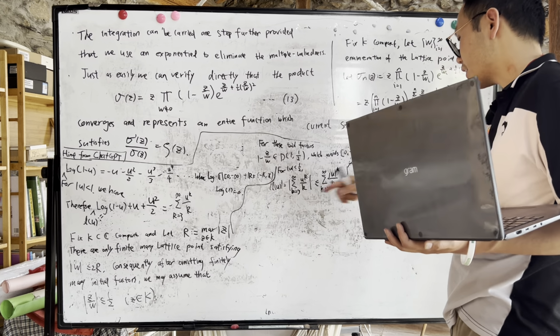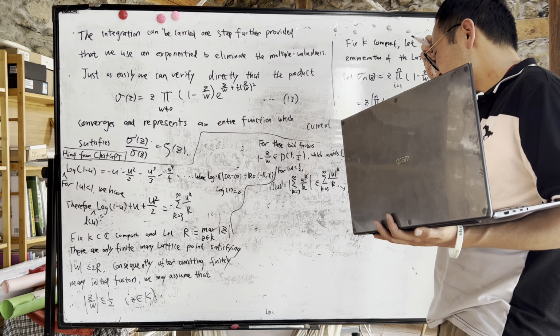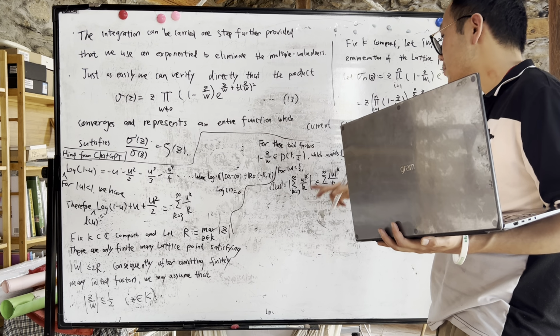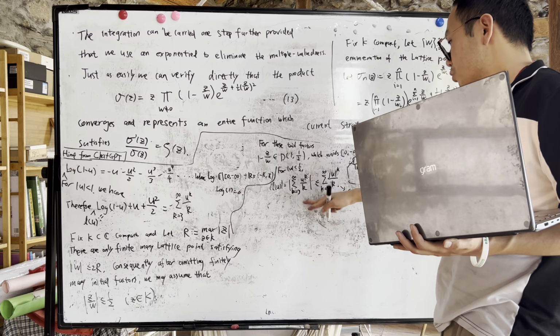So therefore, and this one converges, so therefore, passing to the limit, this limit must be bigger than or equal to this limit.